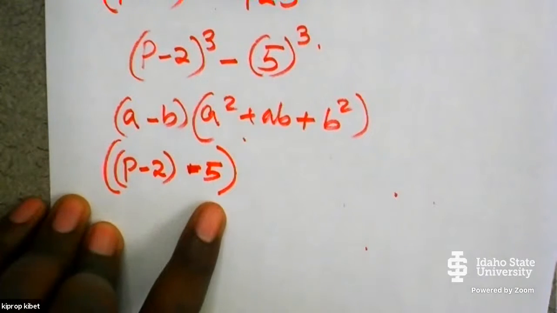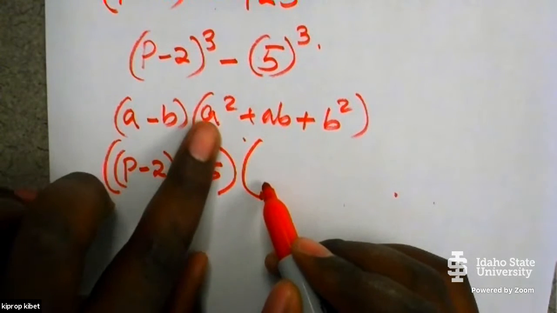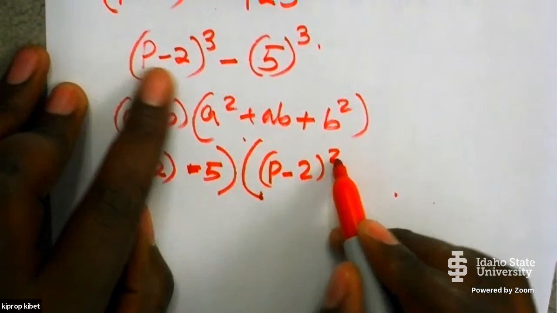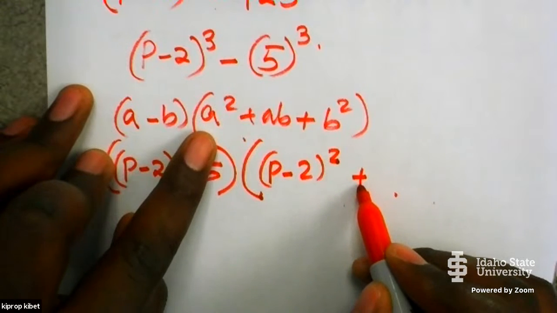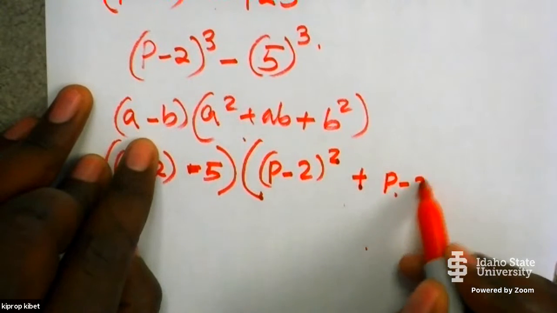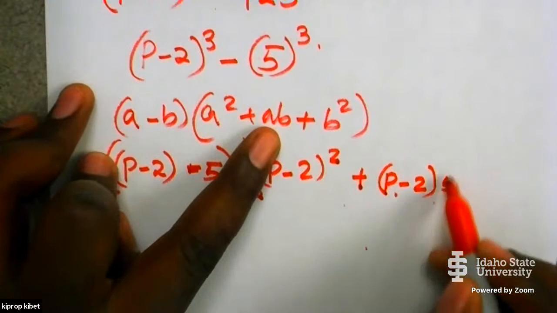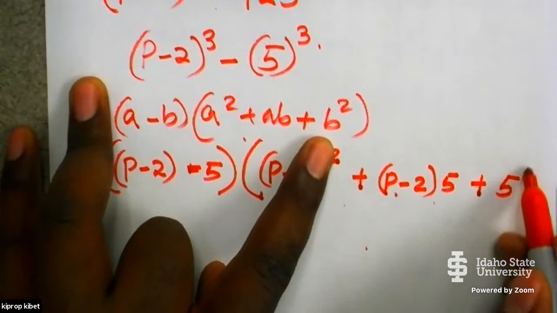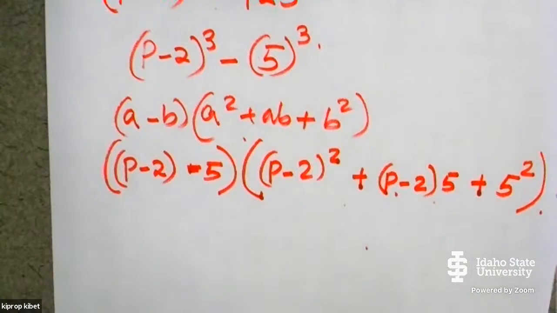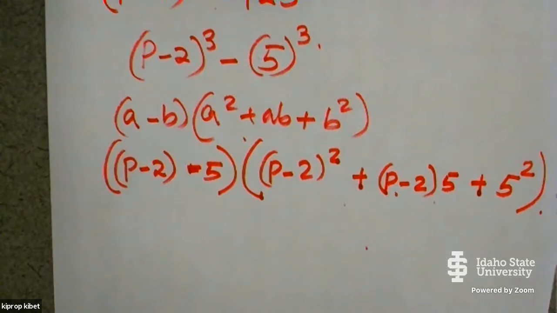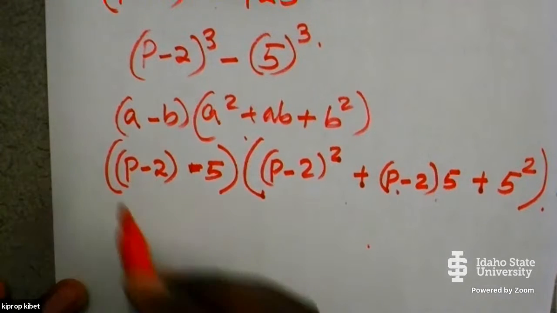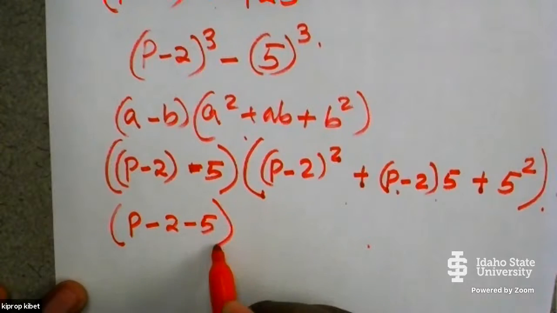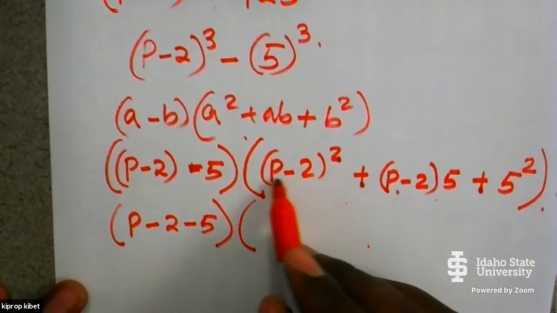And then the next one is A squared, p minus 2 squared, plus A times B, p minus 2 times 5, plus B squared, 5 squared. Now you can simplify, and you can open these brackets.